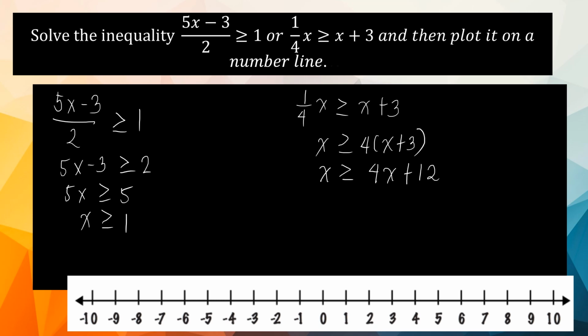So 12 will become negative 12 here, and you will have 4x minus x. Simplifying further, you will have 3x here and then negative 12. Now if we divide both sides by 3, we will have x is less than negative 12 divided by 3, which is negative 4.